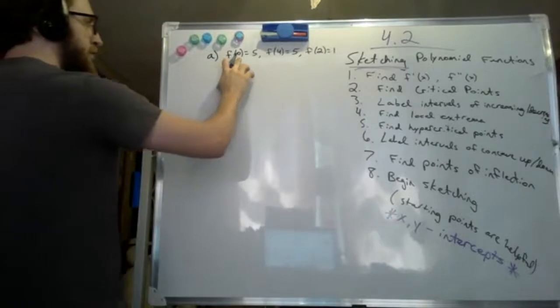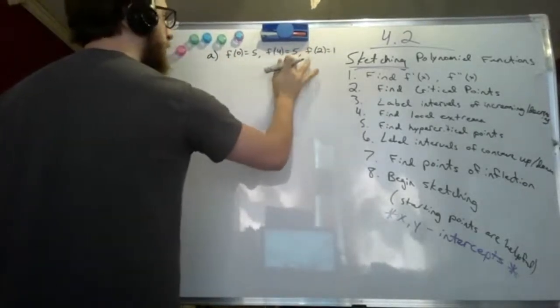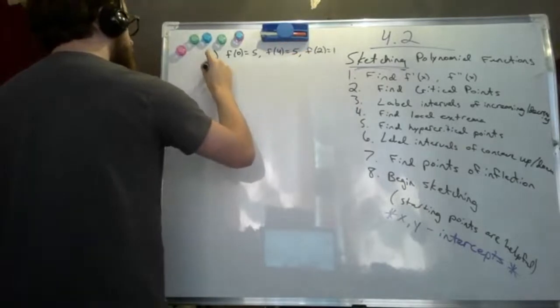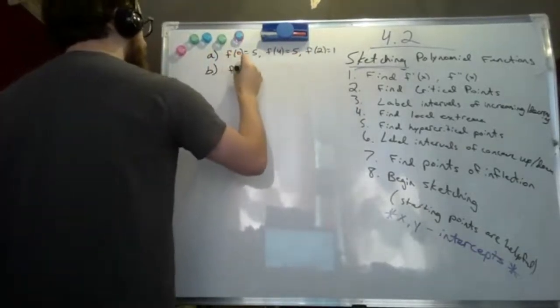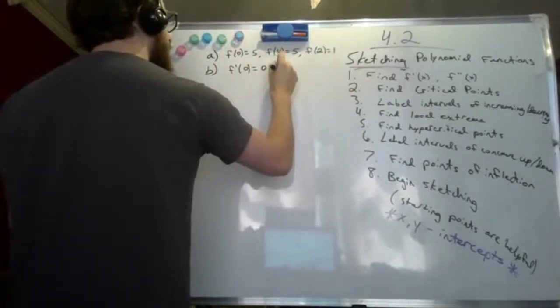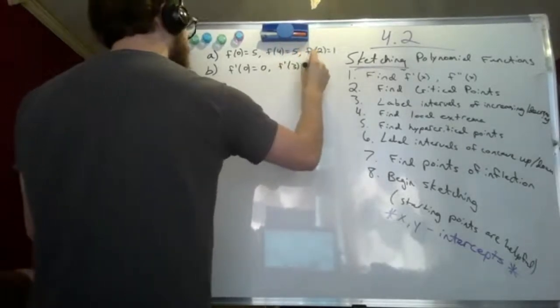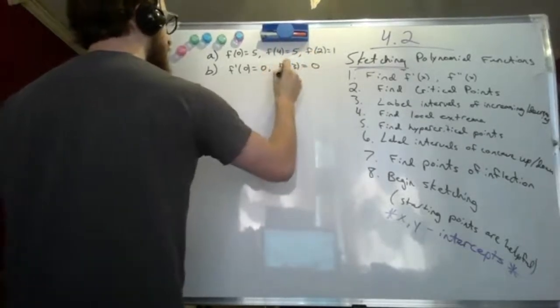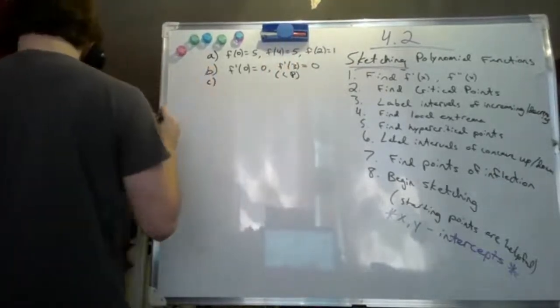This is when it crosses the y-axis. So that's nice. And then we got these two other points that'll probably be useful later. B, they tell us f prime at 0 equals 0, and f prime at 3 equals 0. So they've just told us our critical points. Okay, that's useful. What else they got for us?